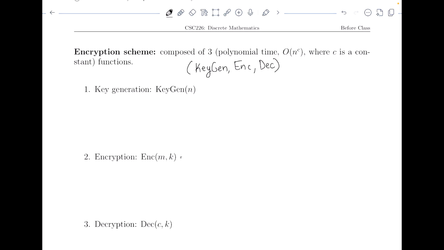The first function I have is keygen of n, and that's going to give me my key k. So k is going to be my key. N is what's known as a security parameter. And the security parameter tells us how long our key is going to be.